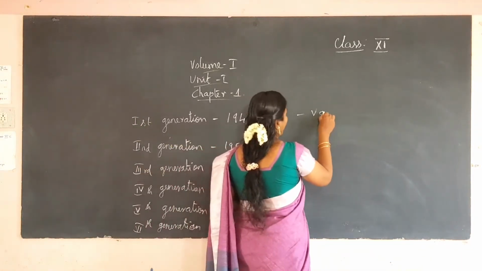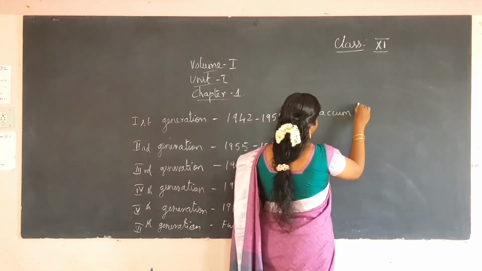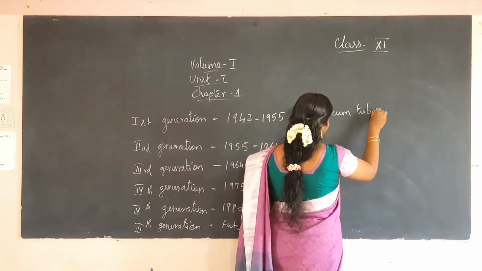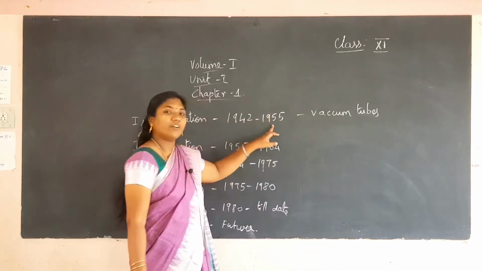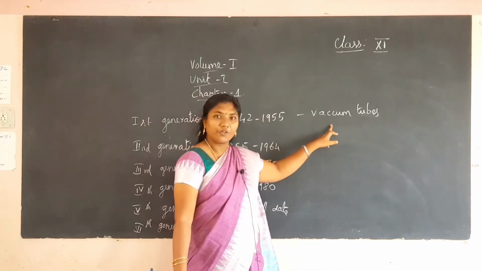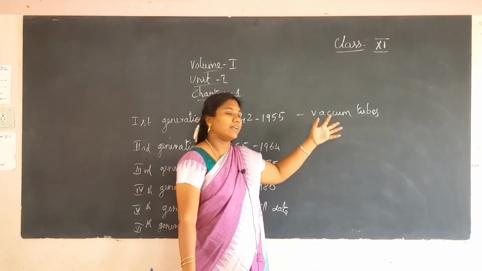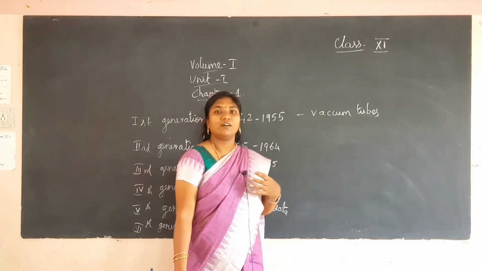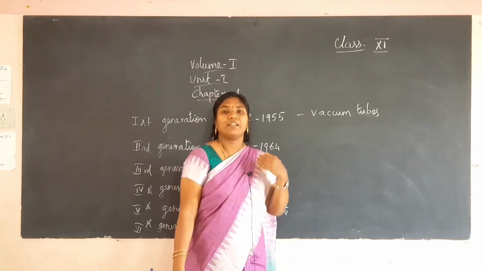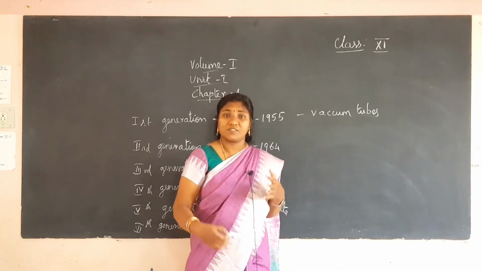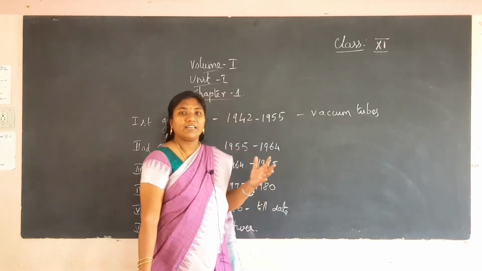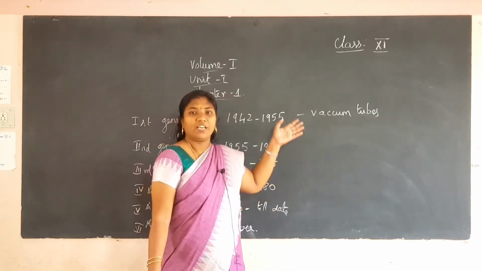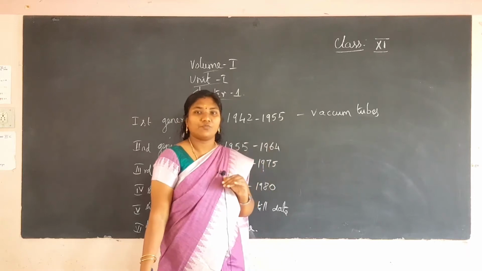In the first generation, the demerits to consider are that it consumes lots of power, it makes the environment very hot and it was very large. Okay. And here the machine language was used.